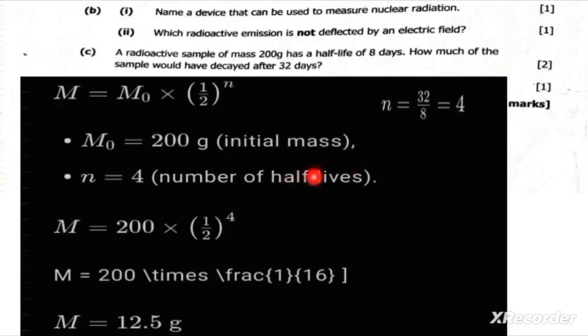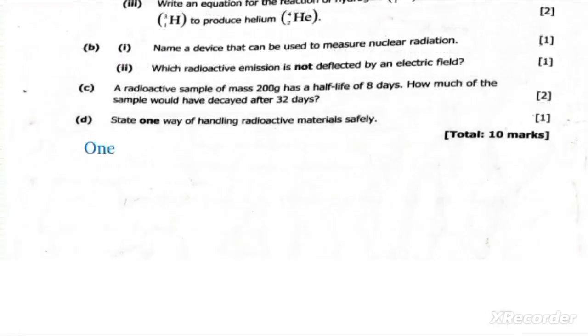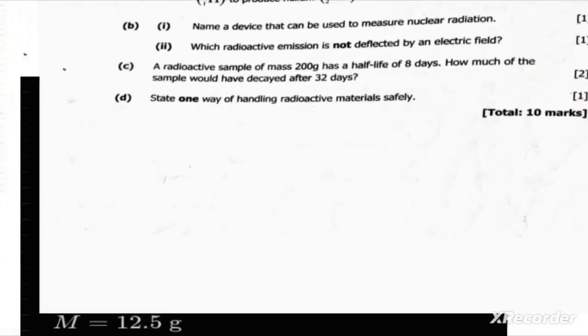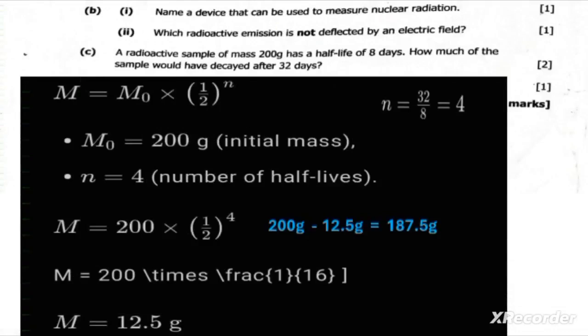Where there is the initial mass, we write 200 grams times half to the power 4. After making calculations, we come up with 12.5 grams. So we say 200 grams minus 12.5 grams, and we get 187.5 grams. Therefore, our answer is 187.5 grams.